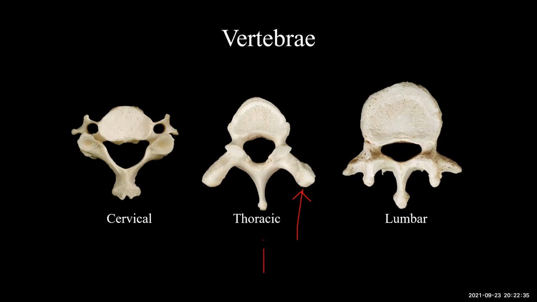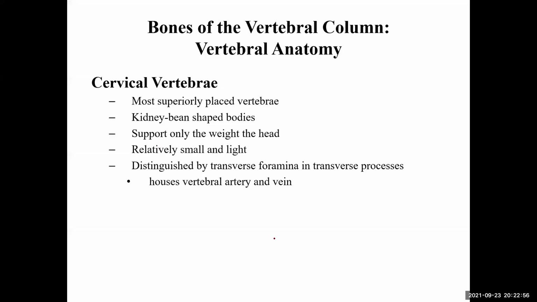And you'll have to say either thoracic, cervical, or lumbar. So you'll have to know that's a transverse process, and then you'll have to know in which part of the spine you'll find that. So as you're studying the vertebrae here, really start to see what division you're going to find these vertebrae in.